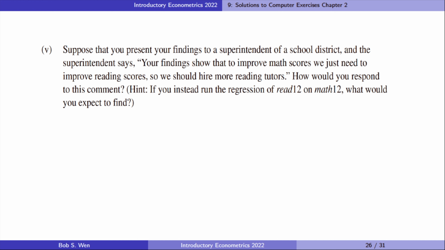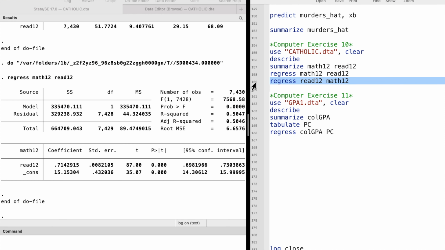If we regress reading scores on math scores, we find a similar slope estimate. 0.7 reflects the correlation between the two scores, but not a causal effect of one variable on the other.